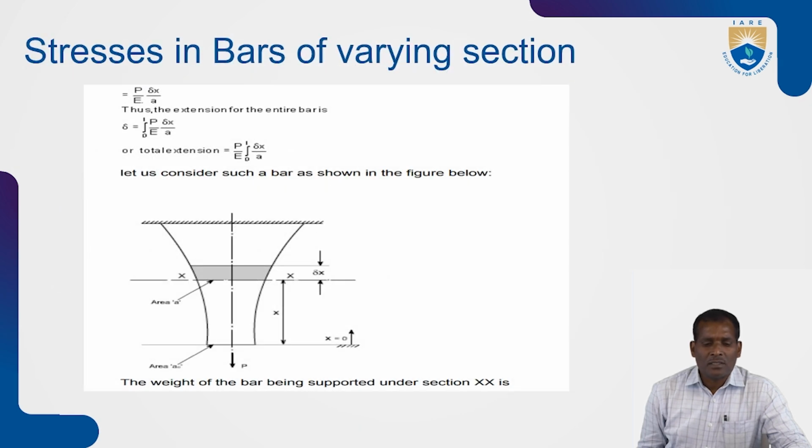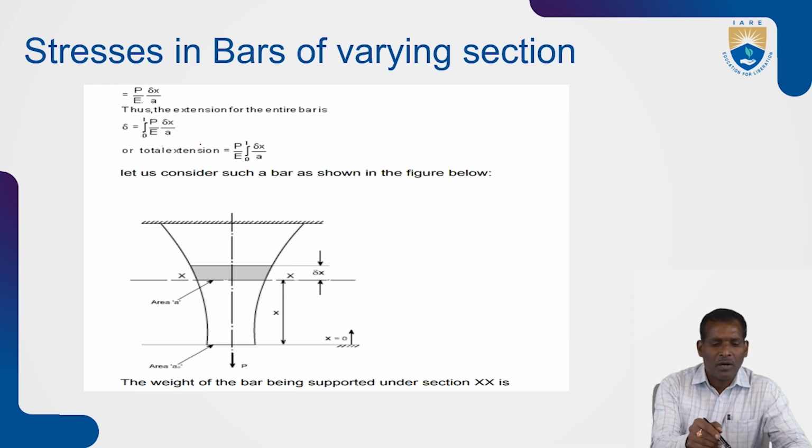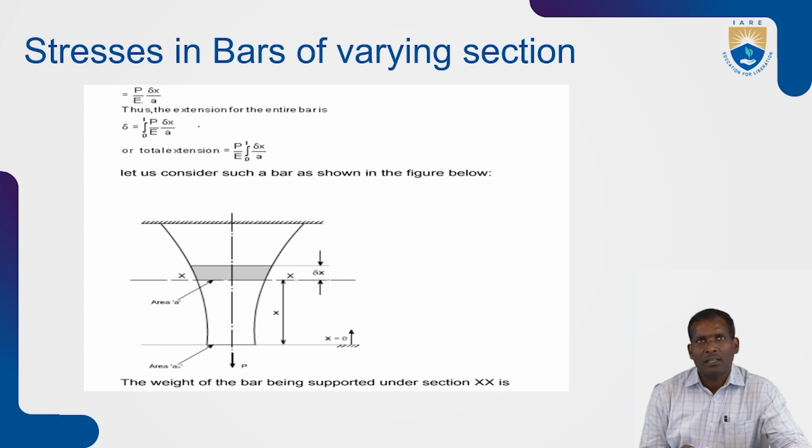See, this shows the calculation equation part. Thus the extension of the entire bar, delta, is equal to the integral from 0 to L of P by E into delta X by A.